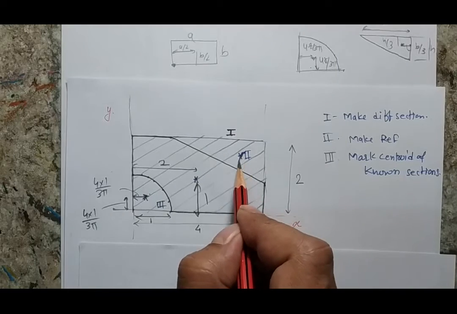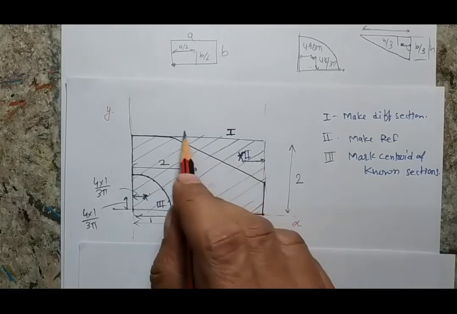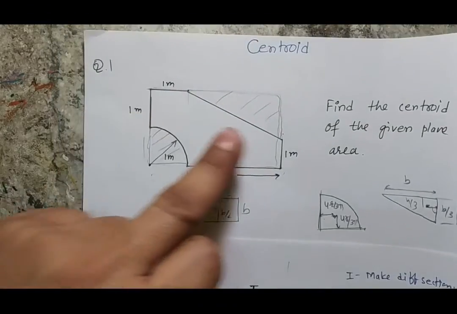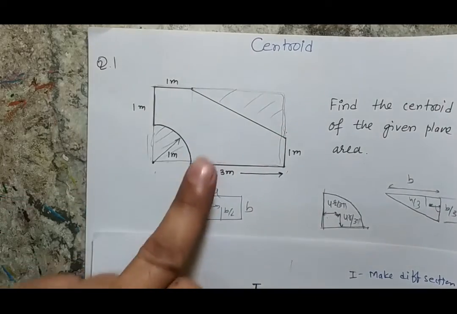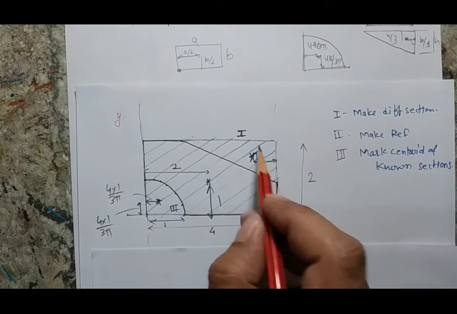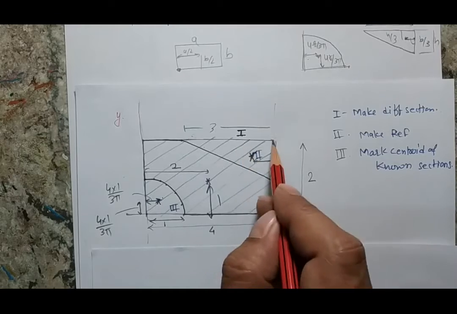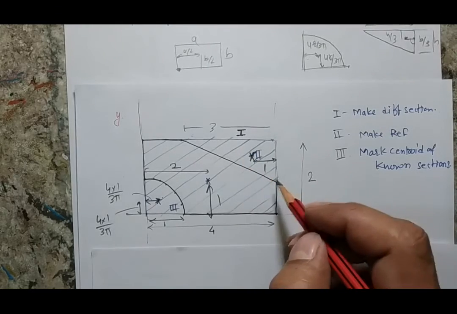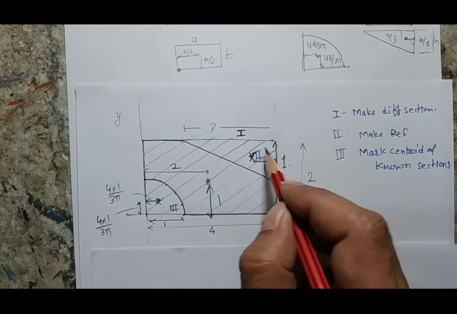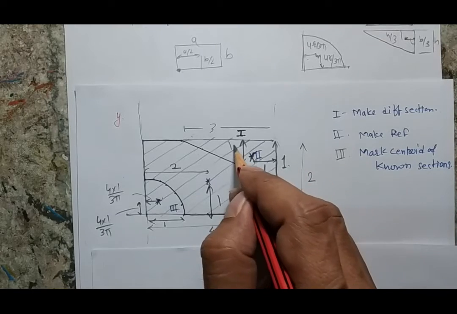Then for the triangle, the centroid lies at 1/3 of this distance. If I see my figure carefully, the total distance is 3 plus 1, 4. So this distance is 3, and this distance will be 1/3 of this, so it will be 1. Similarly, this value is 1, so this height will be 1/3 of this, meaning it will be 1 by 3.